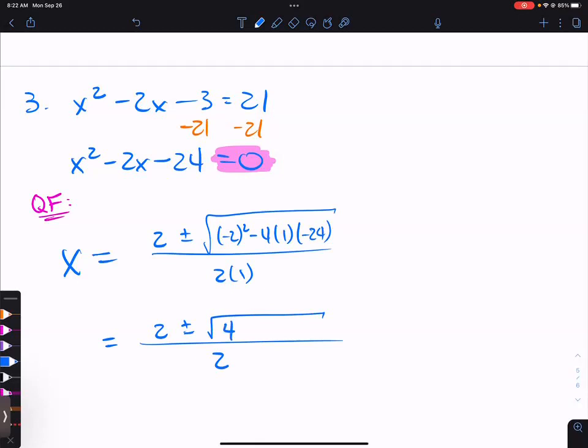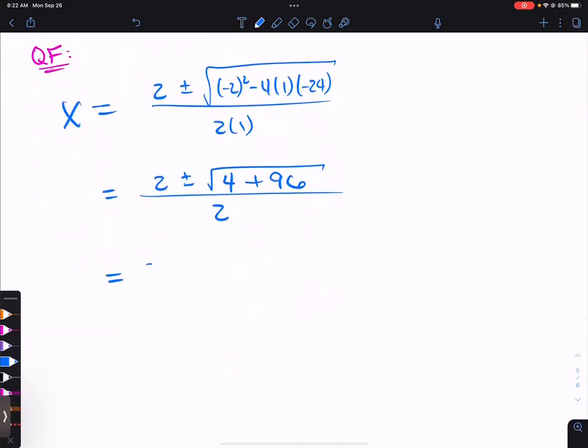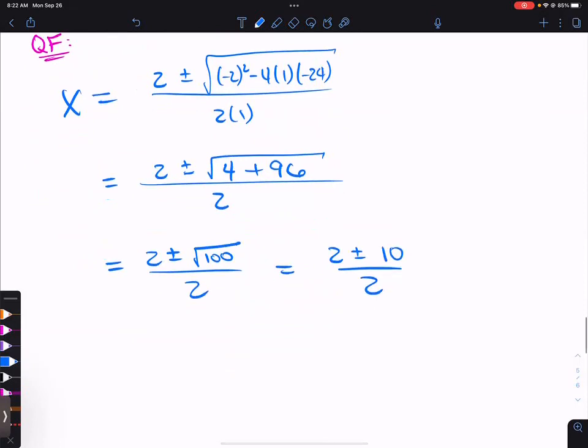4 times 24, 96. And it's minus 4 times negative 24, so plus 96. So 2 plus or minus 10 over 2.